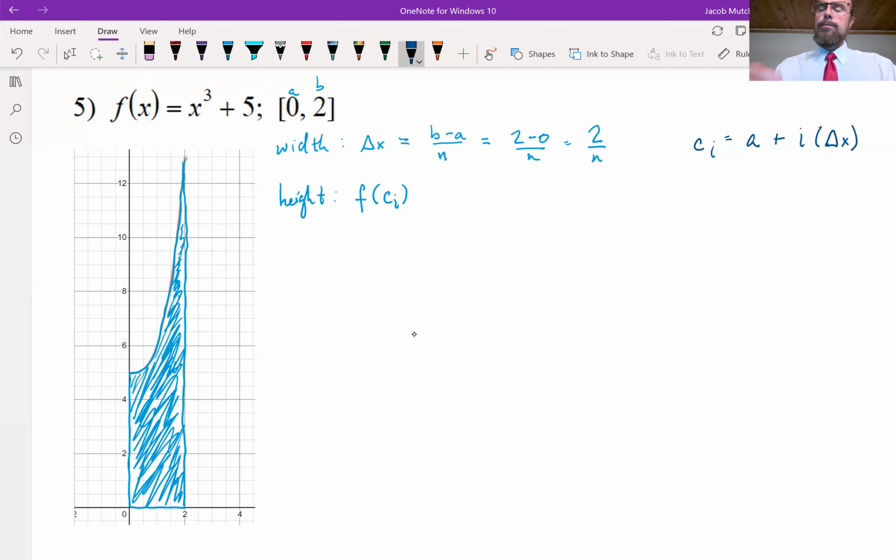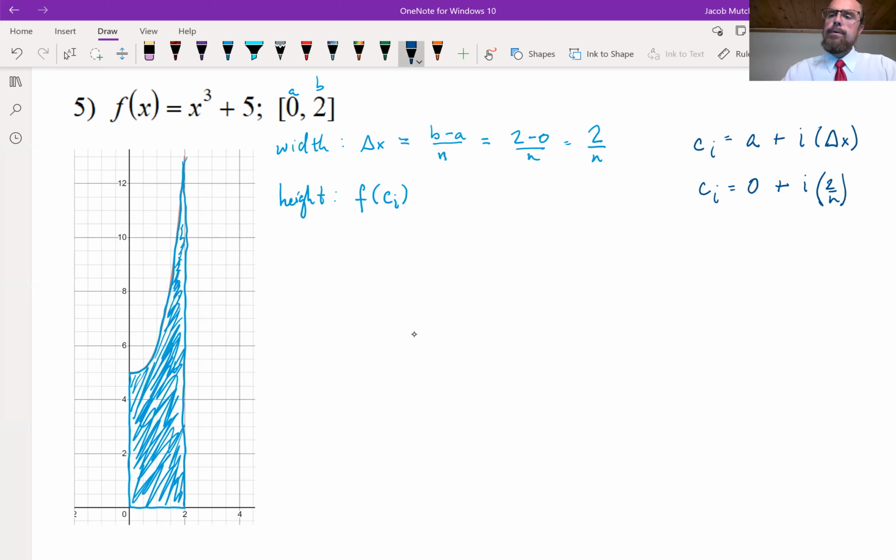Essentially this helps us to partition that entire interval from 0 to 2 into rectangles. So for us, c sub i is going to be a, which is 0, since we start at the x value of 0, plus our index times what we've already defined as our delta x, or our width, which is 2 over n.